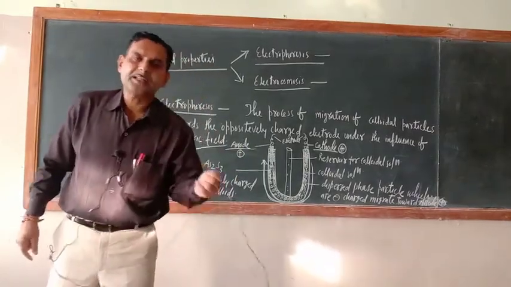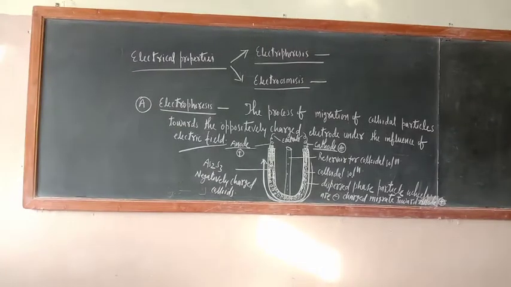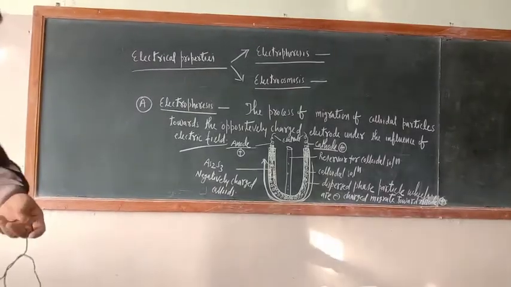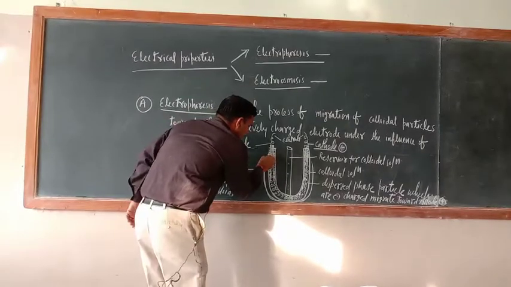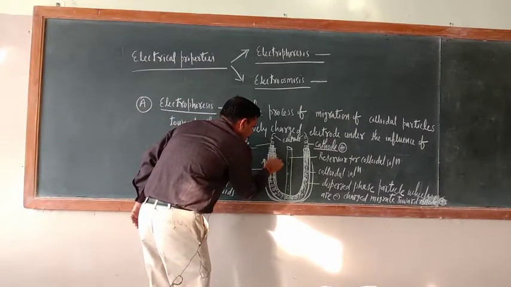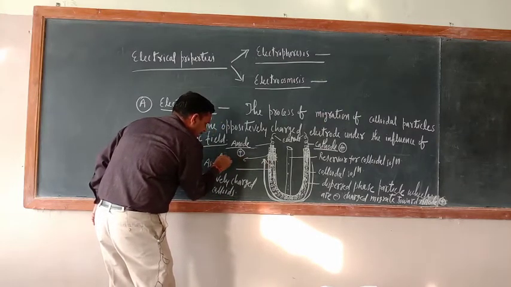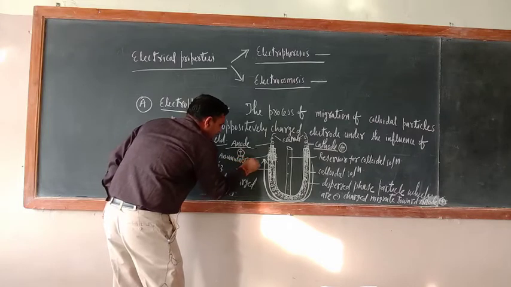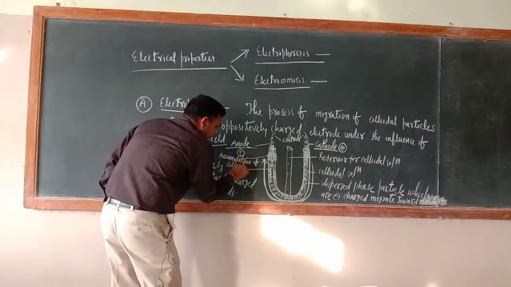Now another property, that is electroosmosis, which is also like that. Dear cadets, just remember one very important thing: in this area only these colloidal particles will be deposited. So write here: accumulation of colloidal particles.